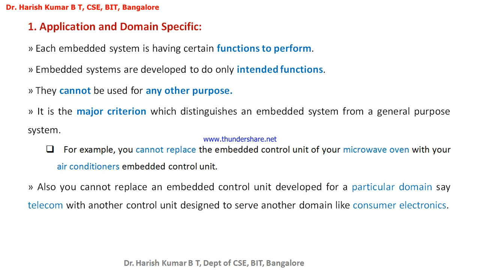Now first we'll understand the first characteristic of embedded systems, that is application and domain specific. If you take an embedded system, it performs a certain function. It cannot perform a variety of functions. Embedded systems are designed to perform a specific function, or in general one or a few functions, but not a variety of functions.